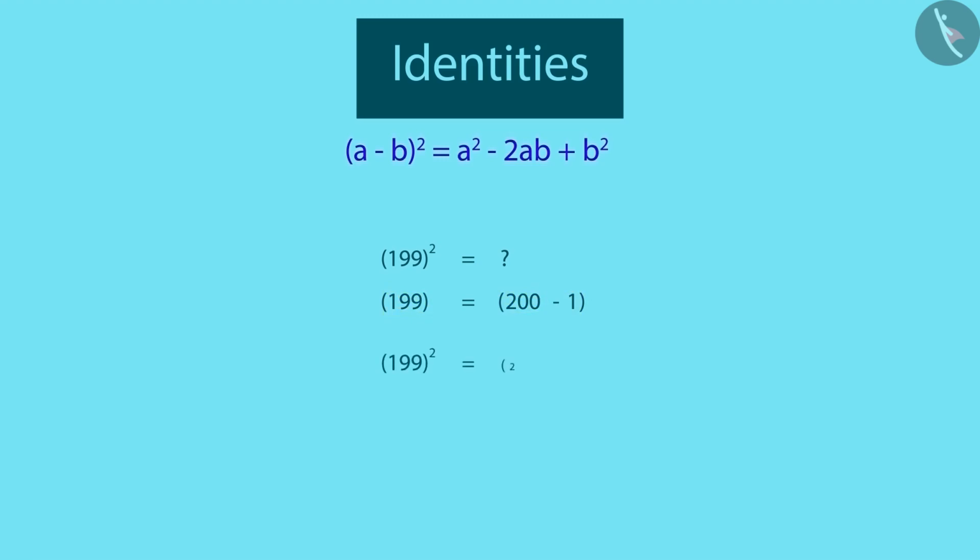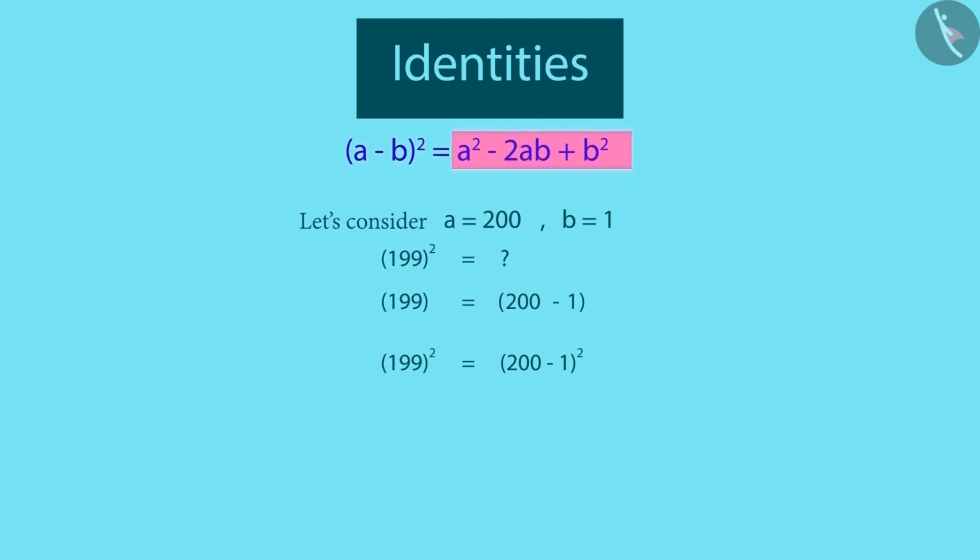Now, 199 raised to the power of 2 will be equal to (200 minus 1) raised to the power of 2. Now we can use this identity to expand (200 minus 1) raised to 2. Let's consider a equal to 200 and b equal to 1.